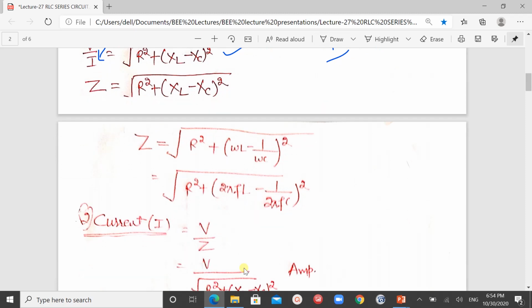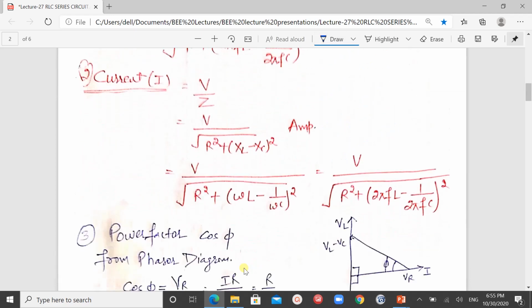We get this formula: under root R square plus omega L minus 1 upon omega C the whole square, and omega we can replace by 2 pi f, so it will become R square plus 2 pi FL minus 1 upon 2 pi FC the whole square. So we got the three formulas from this.